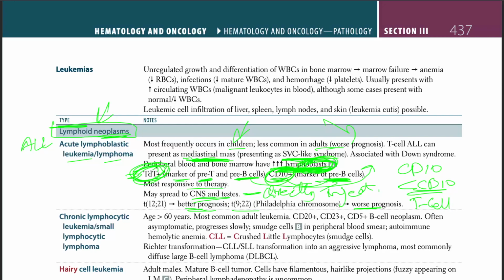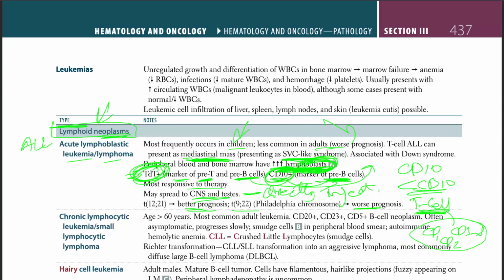What do I mean by less than CD10? Meaning T cells have CD1, CD2, and CD3, and CD4, 5, 6, 7, 8. So they have these CD markers for the T cells.